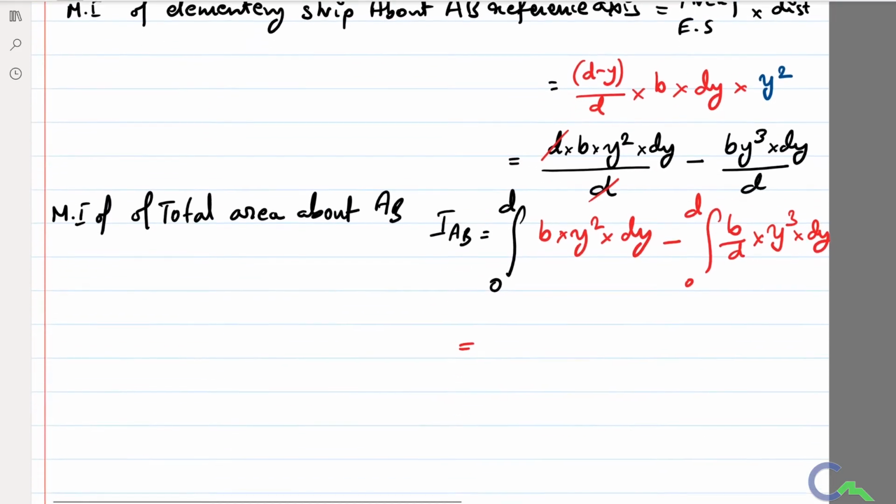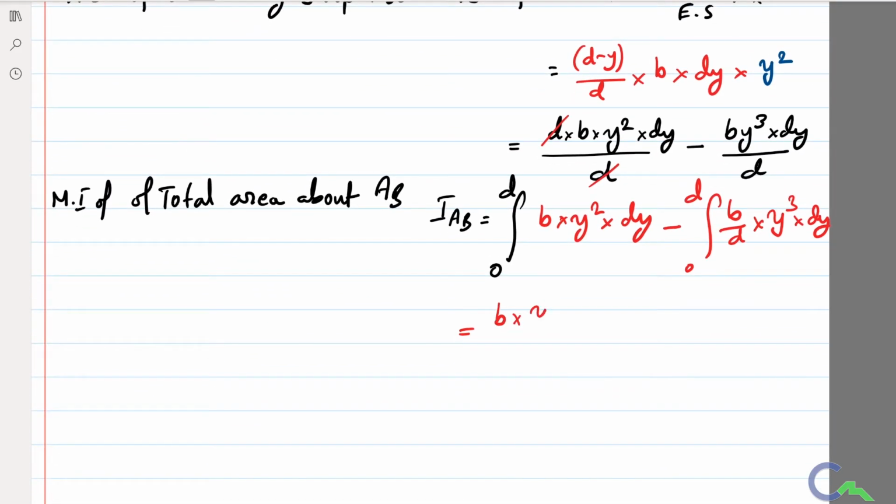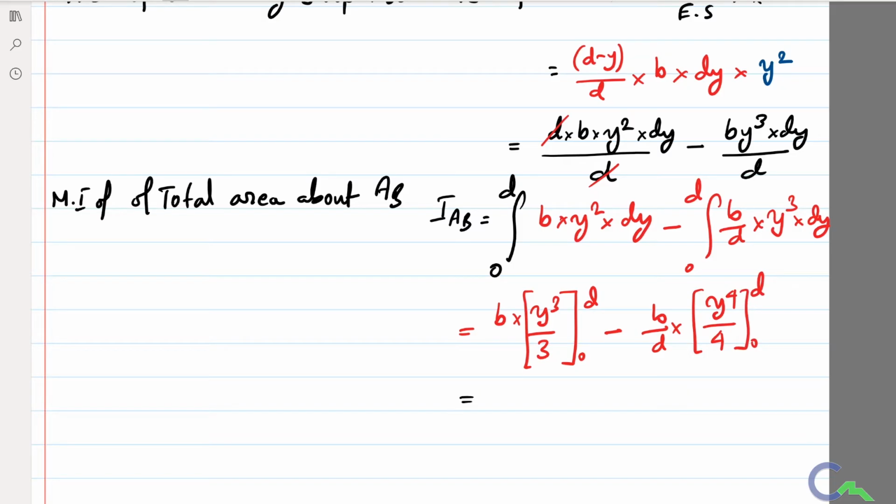Doing the integration, b is constant, y cube divided by 3 varies from 0 to d, minus b by d is constant, y to the power 4 divided by 4, from 0 to d. Applying the limits, I can write b d to the power 3 divided by 3 minus b d to the power 4 divided by d into 4.